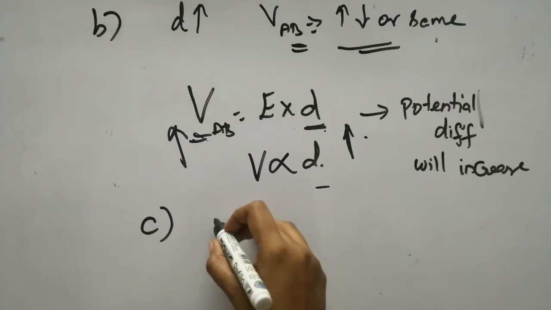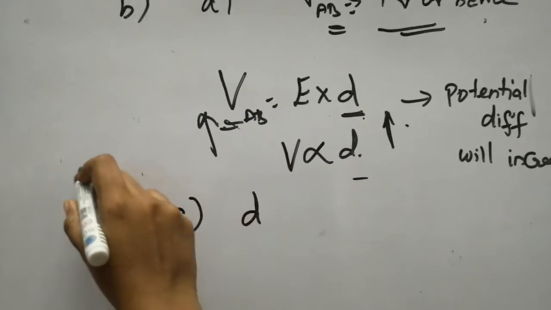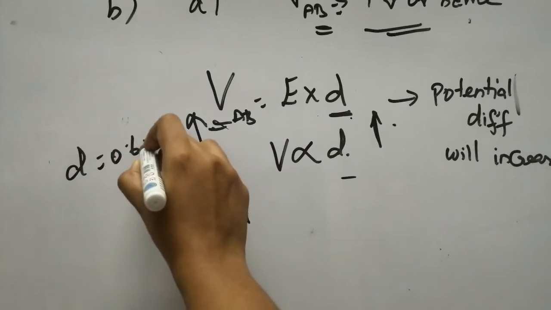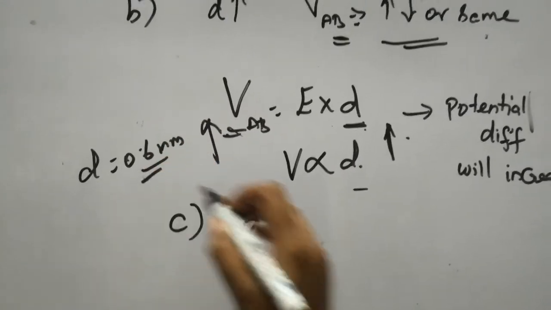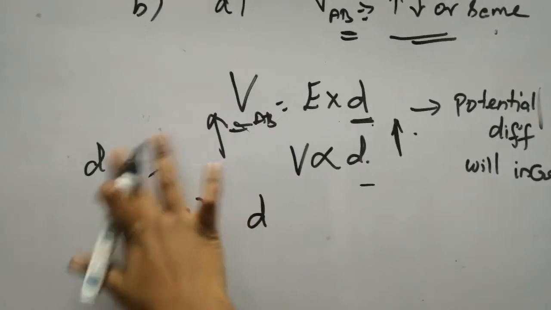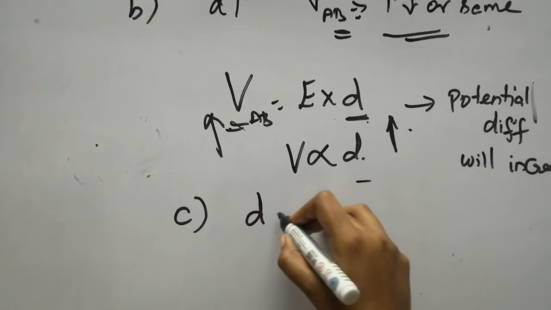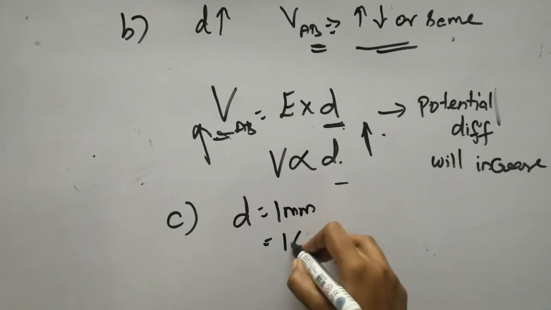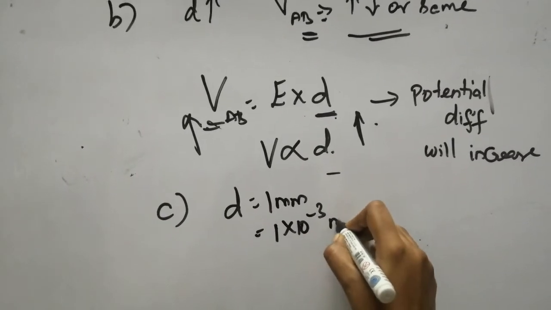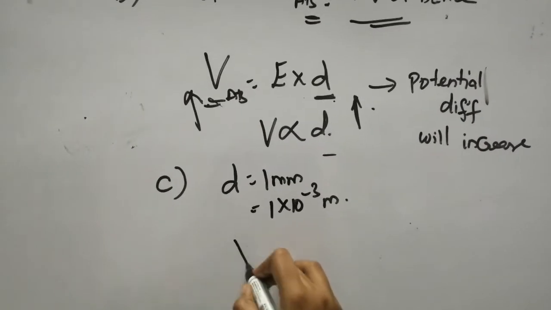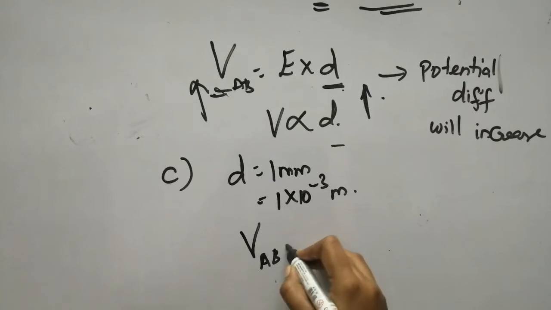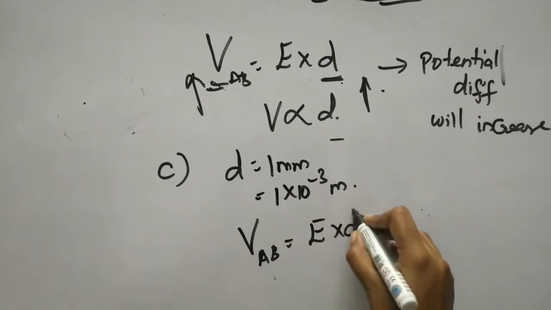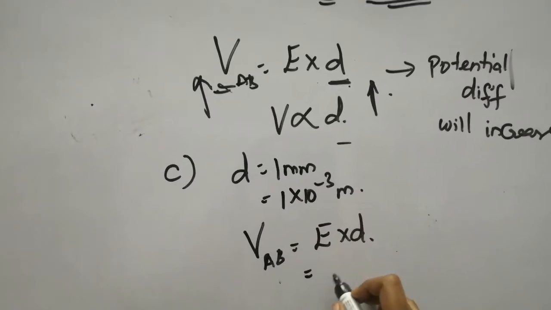And in the third case, in the first case they gave the distance as 0.6 millimeter, and now they have increased the distance for the third case to a distance equal to 1 millimeter. So convert this into meter, it is 1 into 10 to the power minus 3 meter. For this case, you have to find the potential difference VAB value, which is E into D, and the E value is the same.